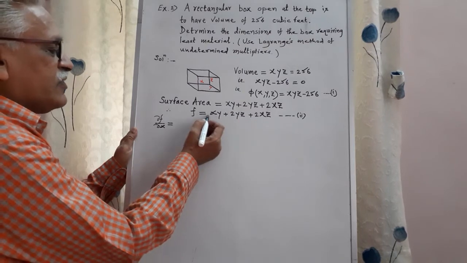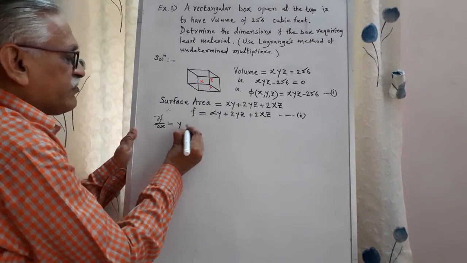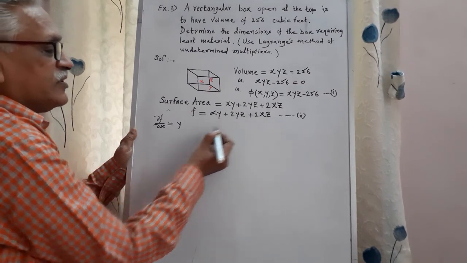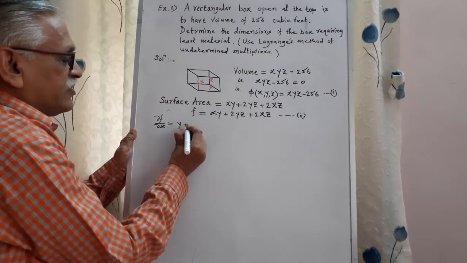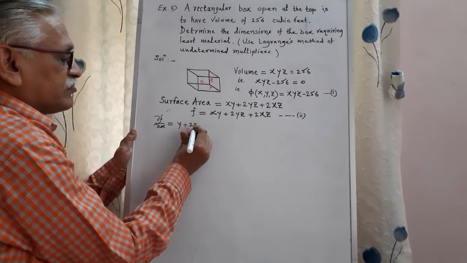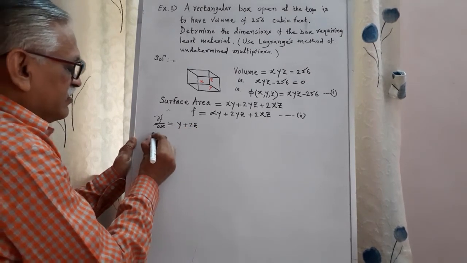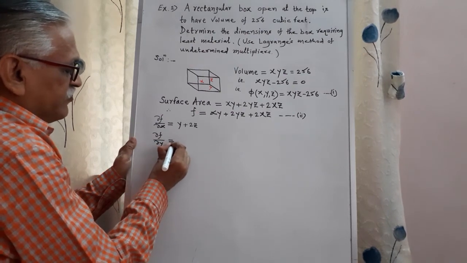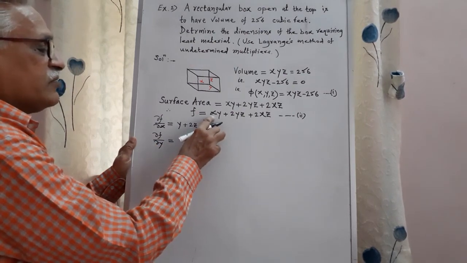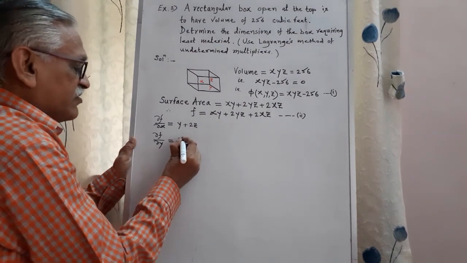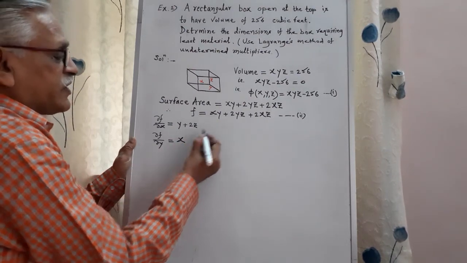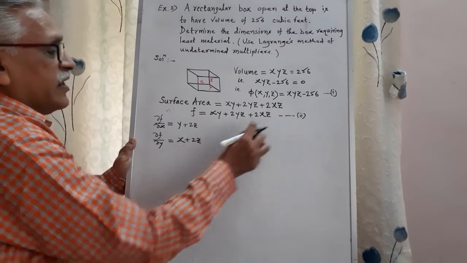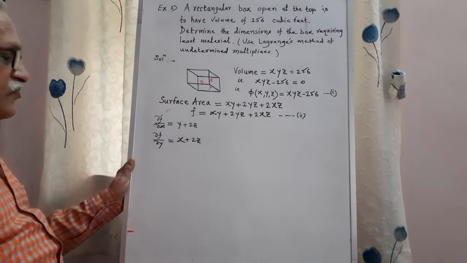Derivative of the term xy with respect to x is y, 0 for the constant term, and derivative of the last term with respect to x is 2z. And then differentiating f with respect to y, derivative of the first term with respect to y is x, derivative of this term with respect to y is 2z, and derivative of the constant term is 0.